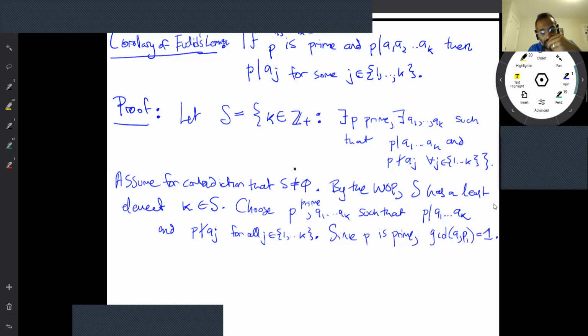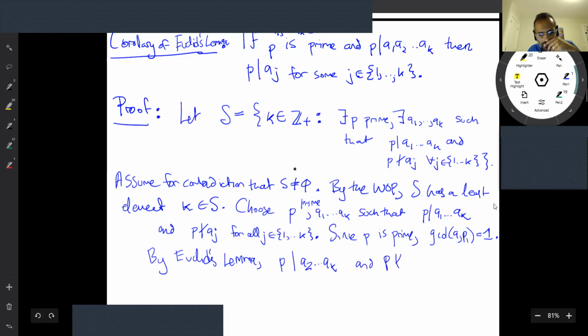But now by Euclid's lemma, P has to divide the product of the rest of them, P divides A2 up to AK. And P still doesn't divide any of those: P doesn't divide A2, up to P doesn't divide AK. Why is that a contradiction?